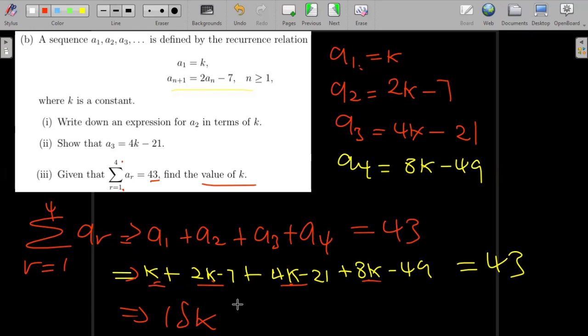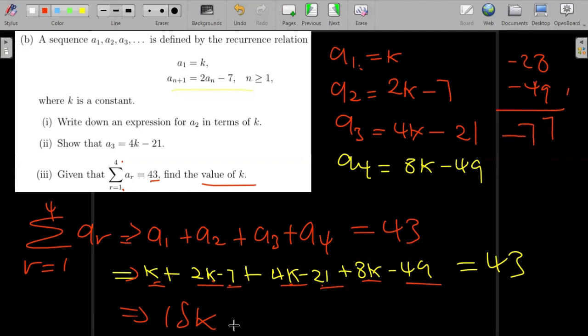Okay, we have 15K, and then we can also add the numbers. So minus 7 minus 21, that is minus 28, and then I have minus 49. So if I add this, I'm going to get minus 77.